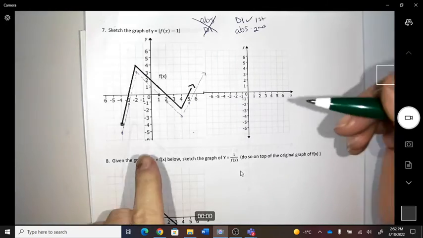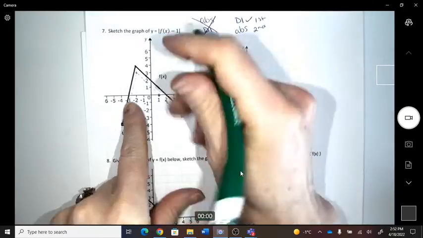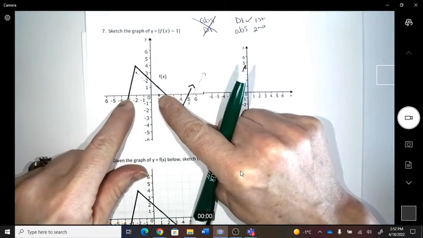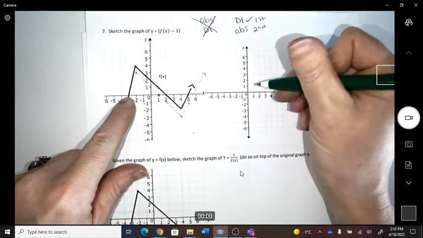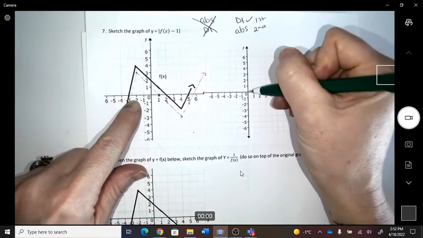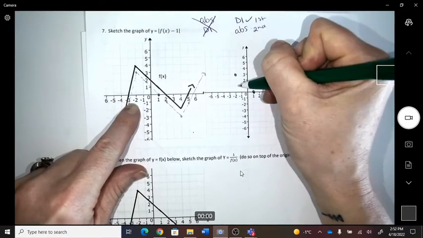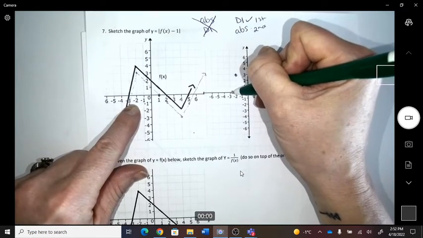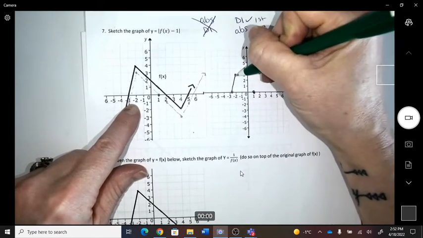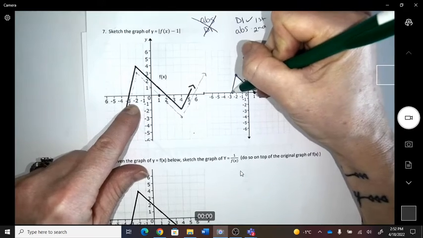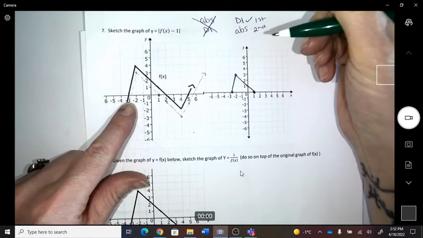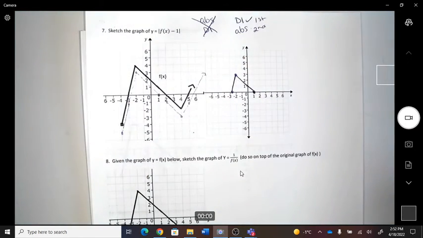Now, actually no, I will go over here. This part in the middle, this triangle stays. X-intercepts, make sure you get them. So that part stayed.